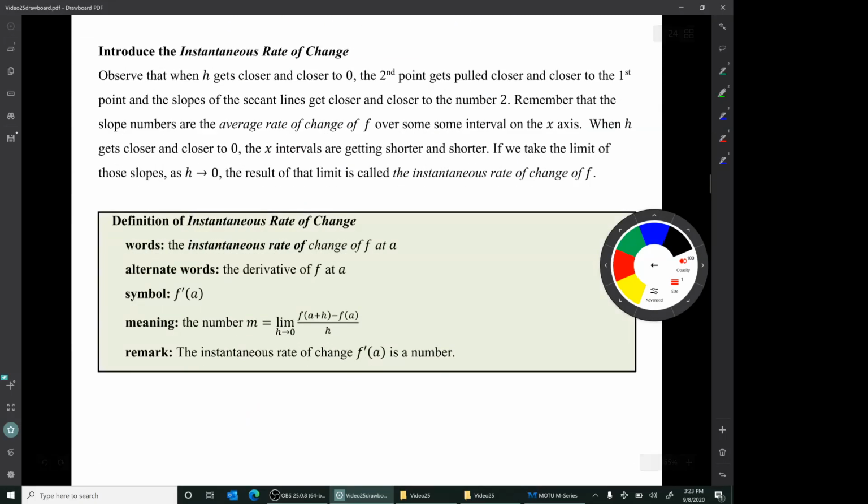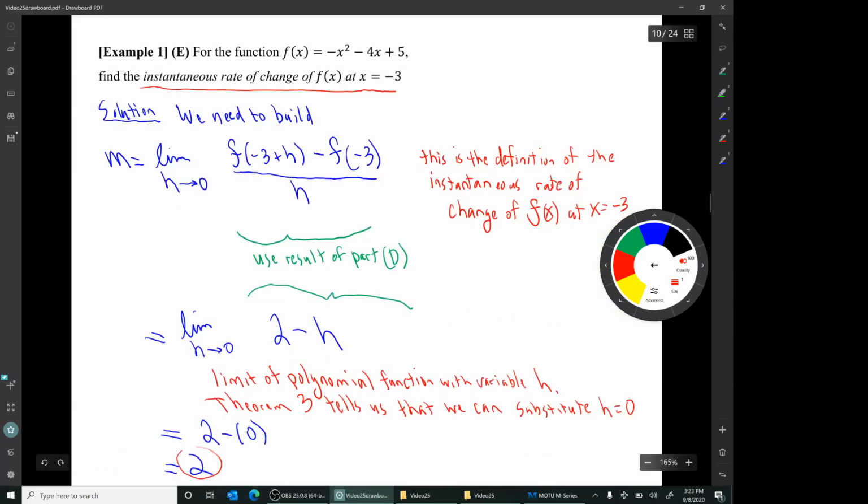In other words, these are the slopes of those secant lines, and this is saying imagine the number that those slopes are getting closer and closer to as you pull the second point closer to the first point. Oh, hey, we found that that number, that limit, turned out to be the number 2. That's the number that those secant line slopes seem to be getting closer and closer to.